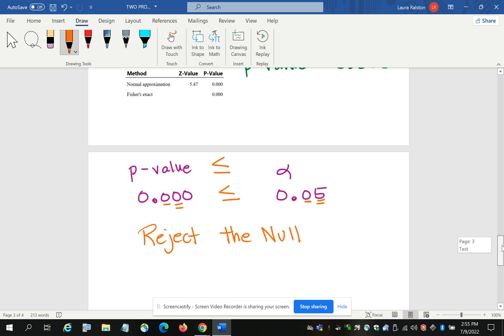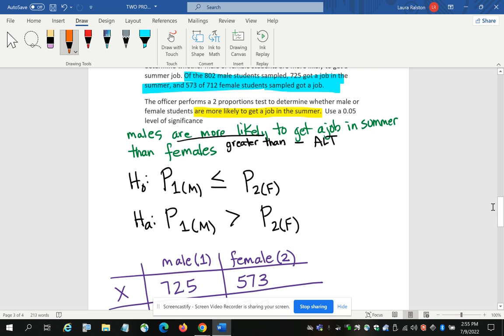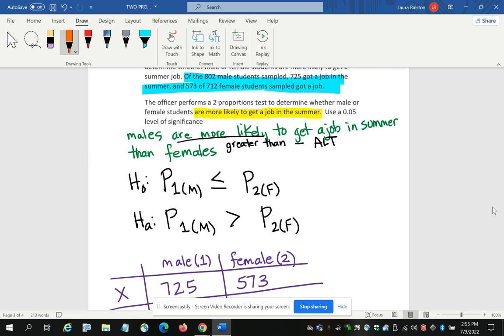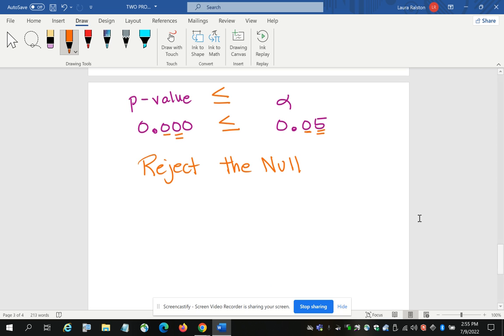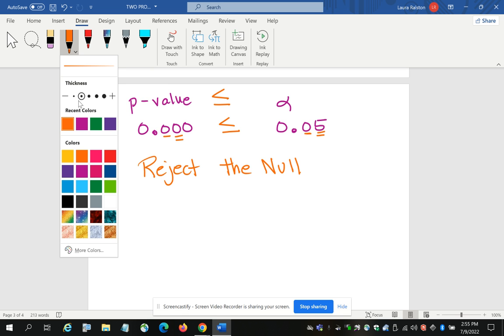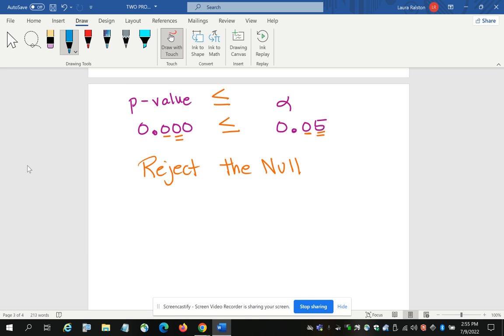So if we reject the null, that means the null is false and the alternative is true. So based on the evidence that we have at this particular time for this particular sample of students, males are more likely to get a job in the summer than females. Okay, so we would write our conclusion.